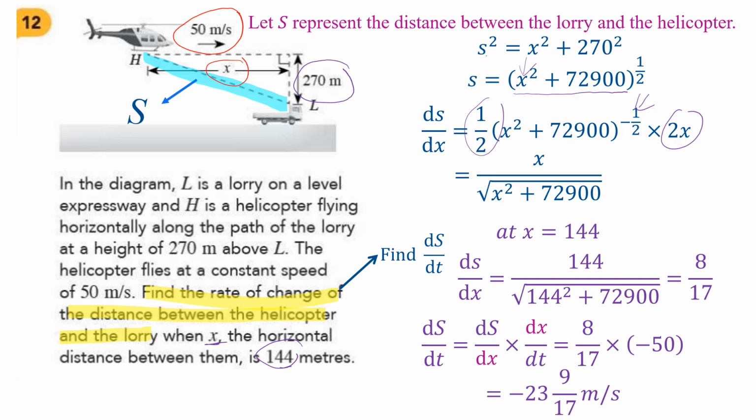But why is it a negative value? Because if you see the helicopter, it's actually moving from left to right. So the helicopter is actually moving faster than the lorry. So therefore, the distance between them is decreasing.